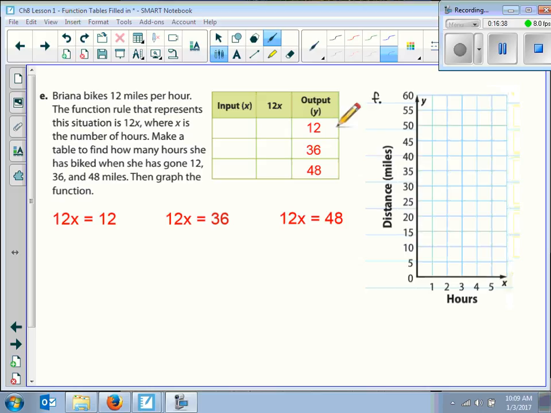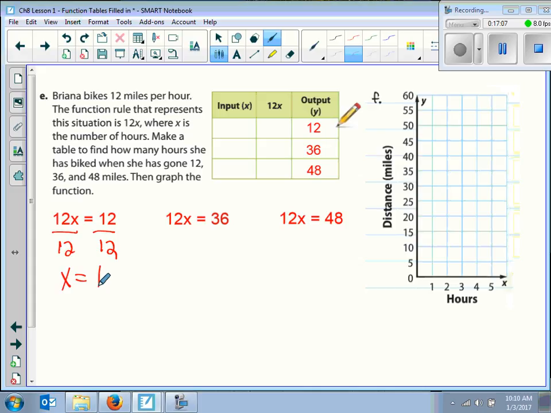And then, how do I solve that? It's a multiplication equation, so we're going to divide. Very good. So, we will divide by 12 on both sides. So, if the output is 12, the input is 1. 1 what? 1 hour.